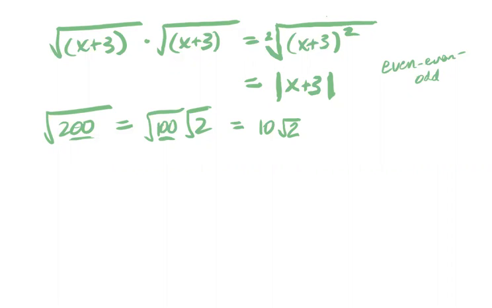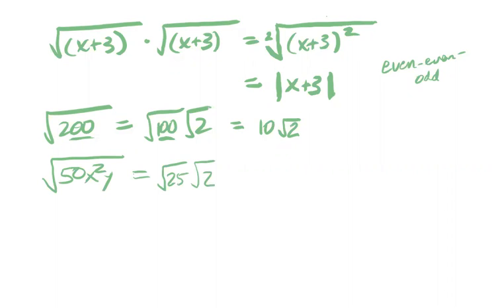Great. So let me give a couple of breakdowns for some actual variables. For example, let's say we have the square root of 50 x squared y. So 50 I know has a perfect square in it. So let's deal with the number first. 25 goes into 50, so that's going to be 25 times 2. So I'll write those as two separate radicals.